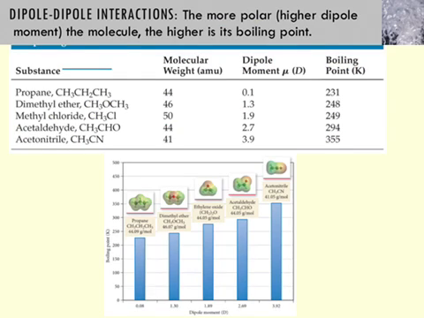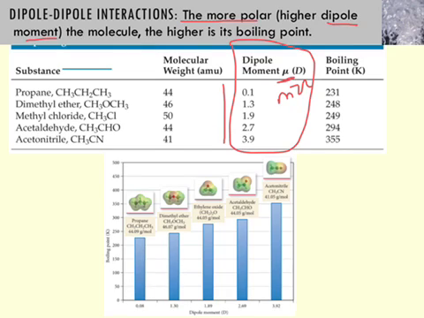Alrighty, so as a summary, the more polar a molecule is, and how do we measure polar? It's measured by something called the dipole moment. That's what you'll see in tables. Dipole moment is sometimes called mu, a symbol that looks like a U with a tail.